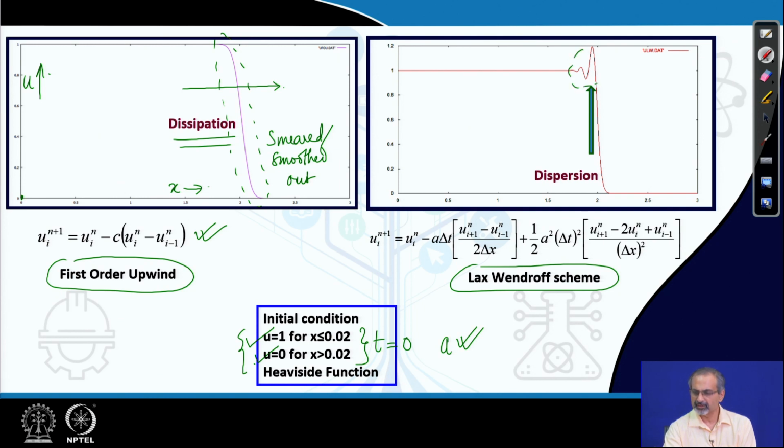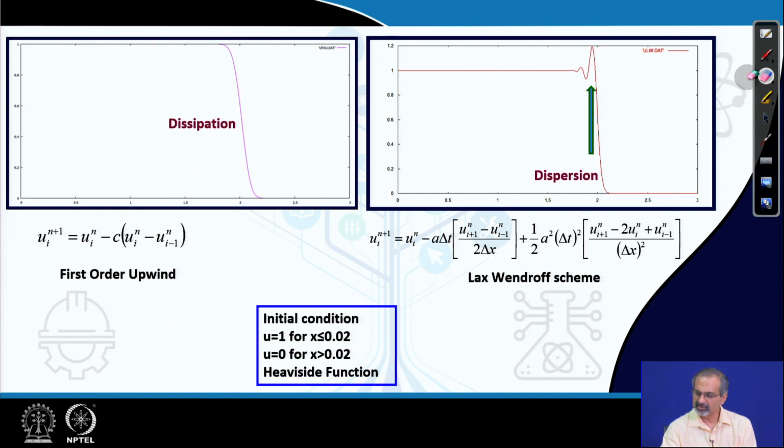You see, it suffers from those oscillations or wiggles. The gradient is captured more sharply than the first order accurate method, but the second order accurate method suffers from dispersion error. So, these are demonstrations of what we already learned, from practical computations.